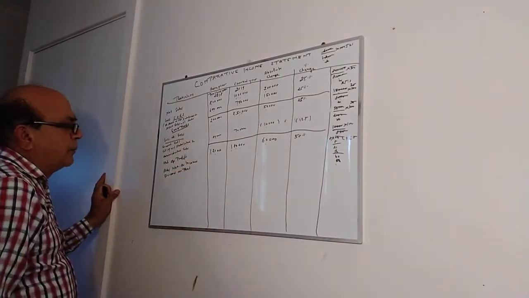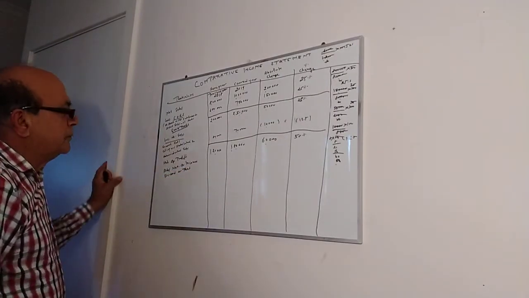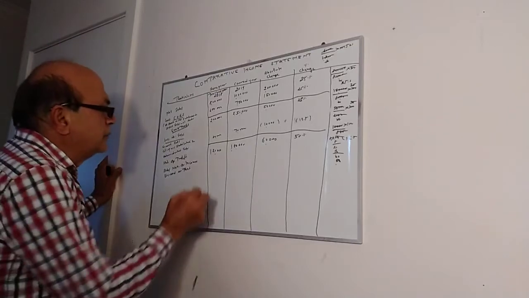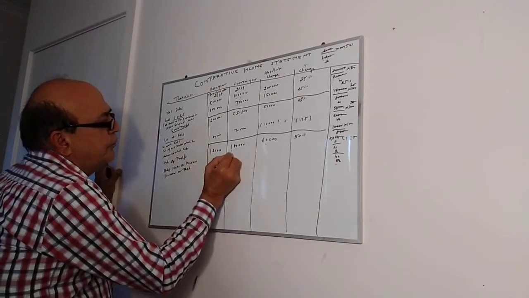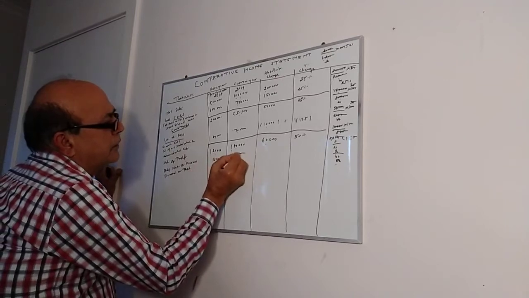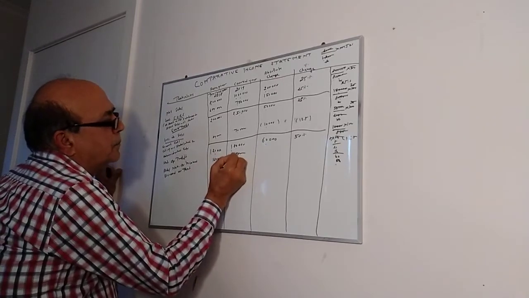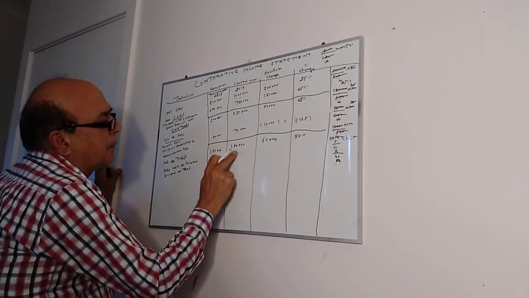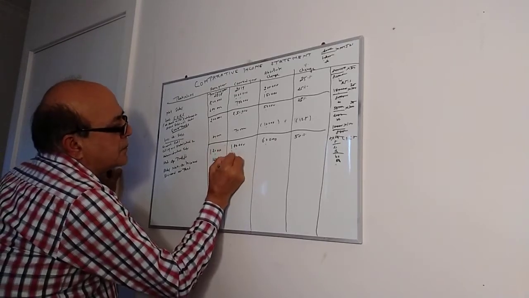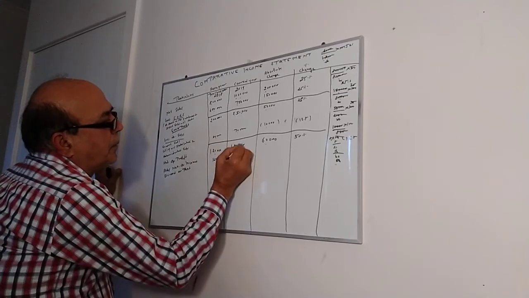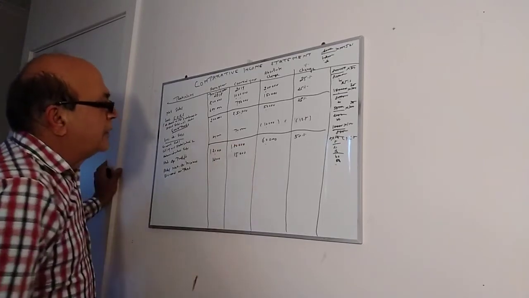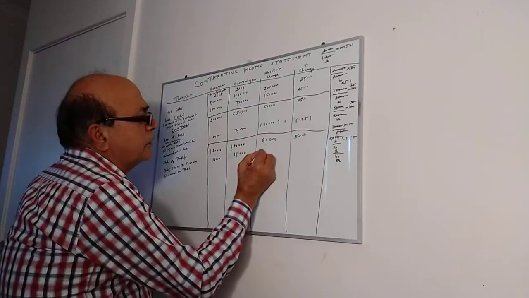So they are non-operating incomes. Suppose it is 12,000 and it is 15,000. It has increased by 3,000.